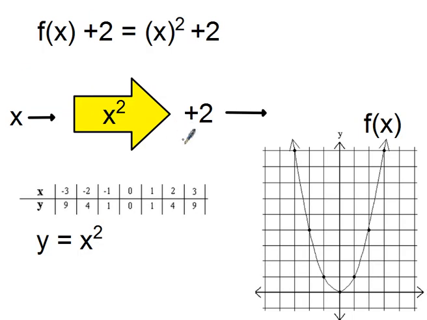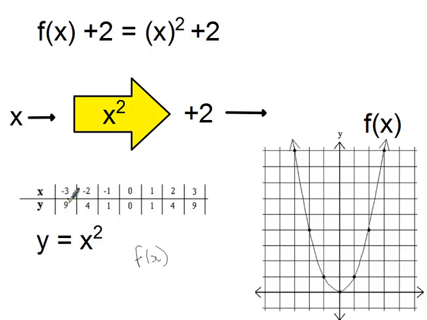Now, the other sort is, so before we saw in brackets that we added 2. Now this one is f of x plus 2. So we had to do the squaring first and then we add 2, or whatever we're going to add. So this time we put in our value of x, we square it, and then we add 2. So let's go back to the original thing that we looked at. Remember, f of x was our original function, which was y equals x squared in this case.